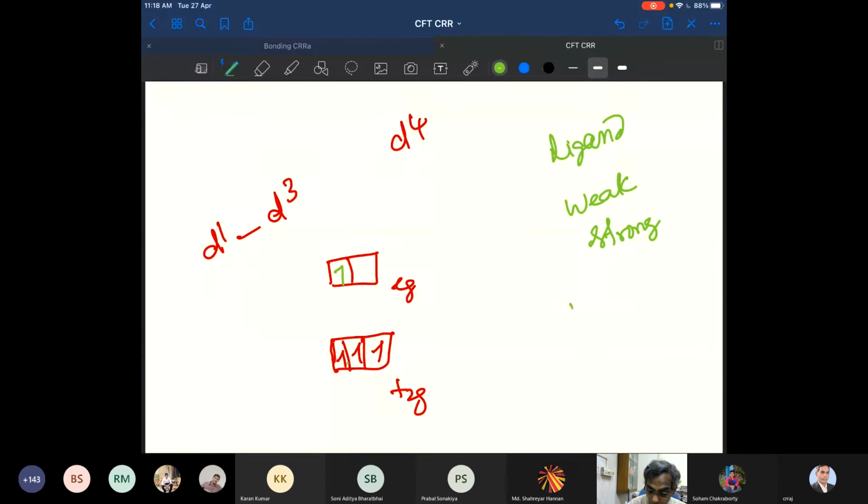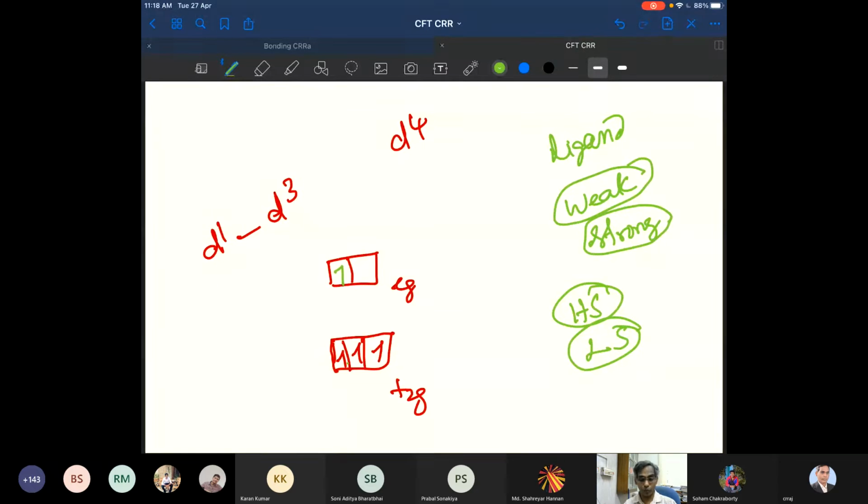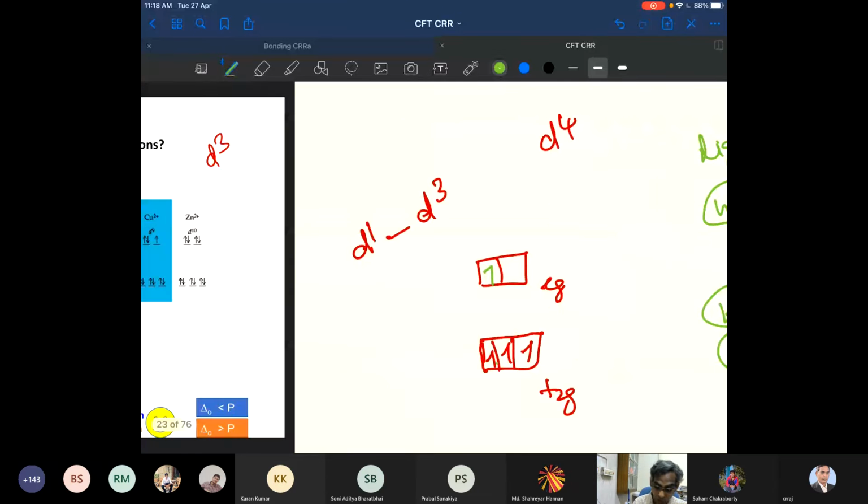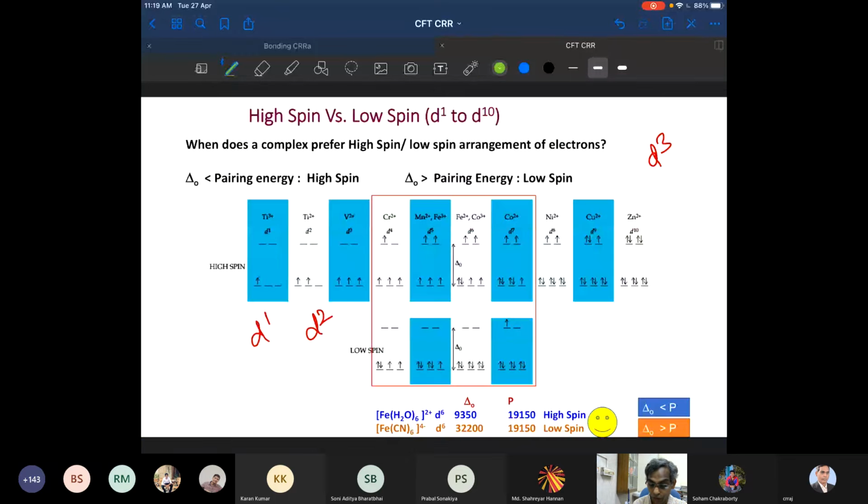And then we call it a high spin or low spin complex. Whether it is a high spin or low spin complex should be decided by the nature of the ligand, that is, whether it's a weak field or strong field ligand. Right? Now look at here. Again, there is a delay. Just hold on a minute.